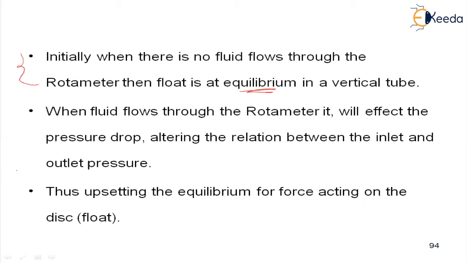Whenever a liquid is flowing through the rotameter, it will have the pressure drop, which alters the relation between the inlet and the outlet pressure. Because of the orifice only this pressure drop occurs, and because of that there will be altering changes occurring at the inlet and the outlet.